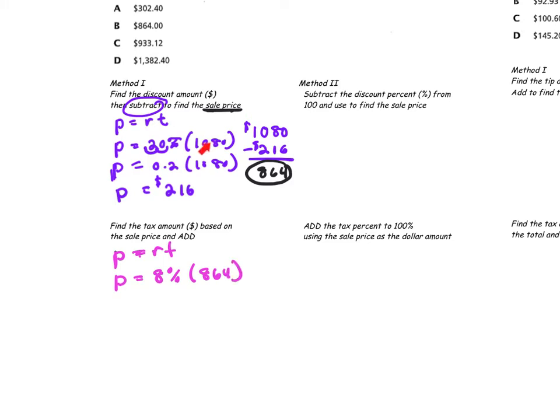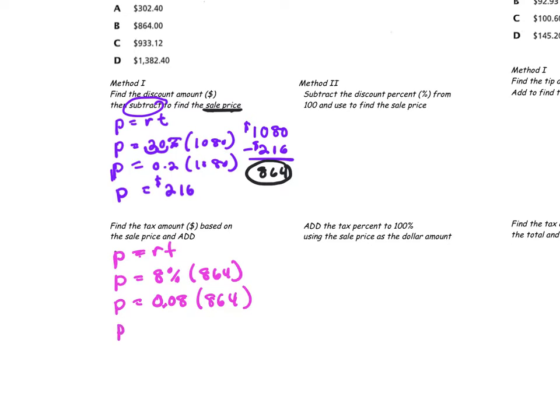They're not going to charge me tax on something I'm not paying. I'm not paying $1,080. I'm paying $864. So we're going to continue by taking 8 divided by 100, or scooping the decimal twice, and you're going to get 0.08. And if you think about it, 8 would be 8 out of 100, so that makes sense. So we're going to take 0.08 times 864 on your calculator.